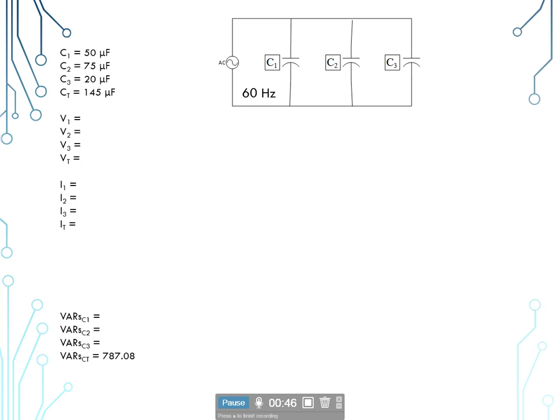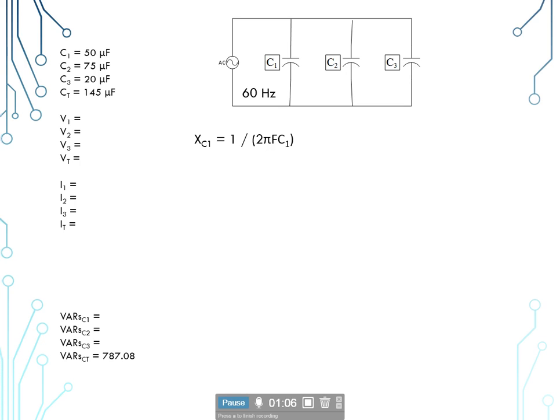Now we'll be looking for our reactances. So X sub C1 is equal to, and we'll be using the formula 1 divided by, open your parenthesis, 2 pi frequency times our capacitance, in this case C sub 1.